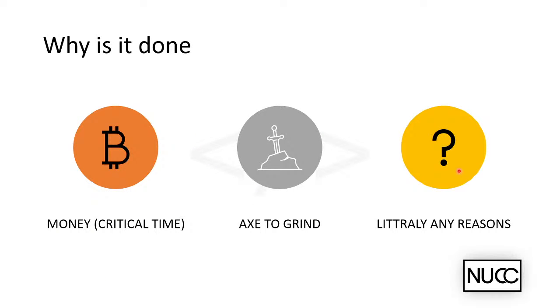So why is it done? Money. If people do a DDoS attack at the right time, so if you think about the Grand National or some of these other big racing, gambling, sporting events, if all of a sudden you knock a gambling website offline during these peak trading hours, they can lose thousands upon thousands of pounds, which obviously for them isn't great.